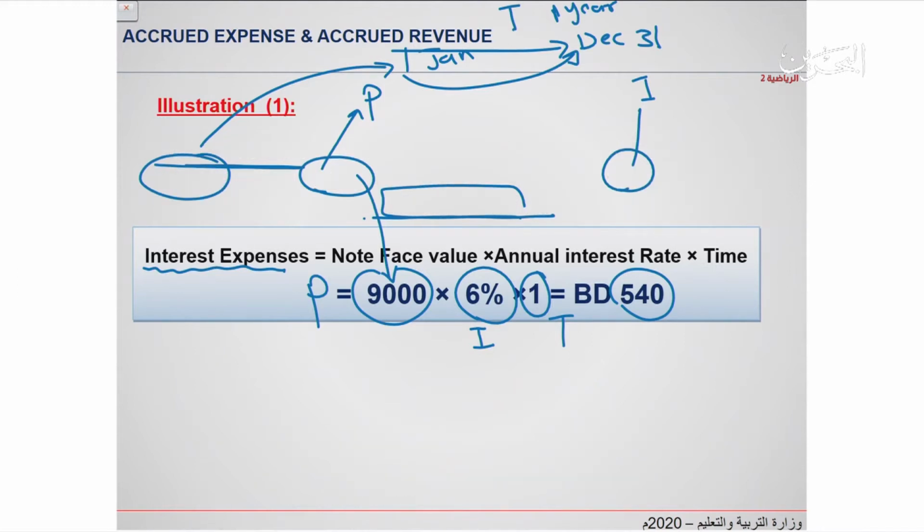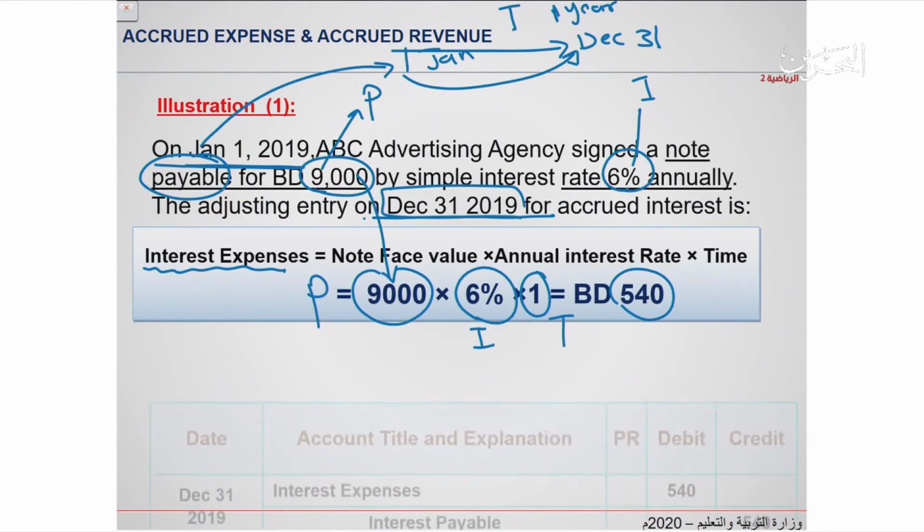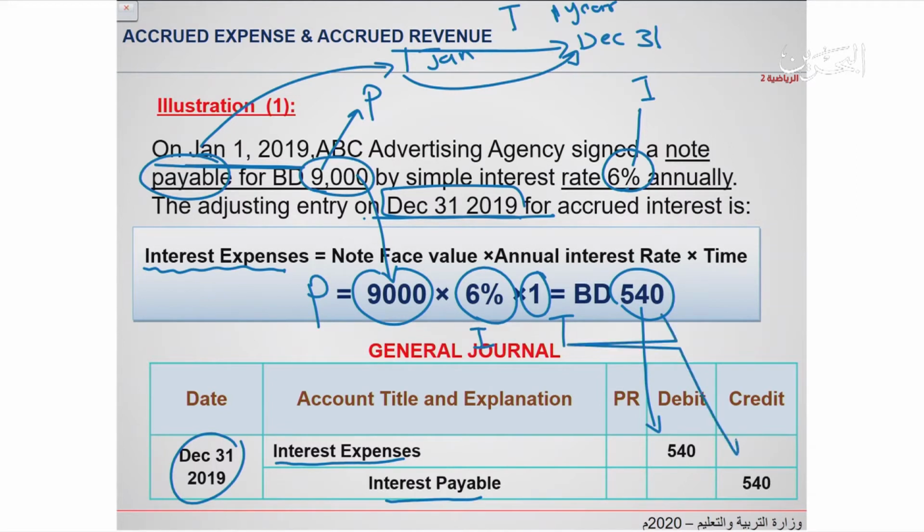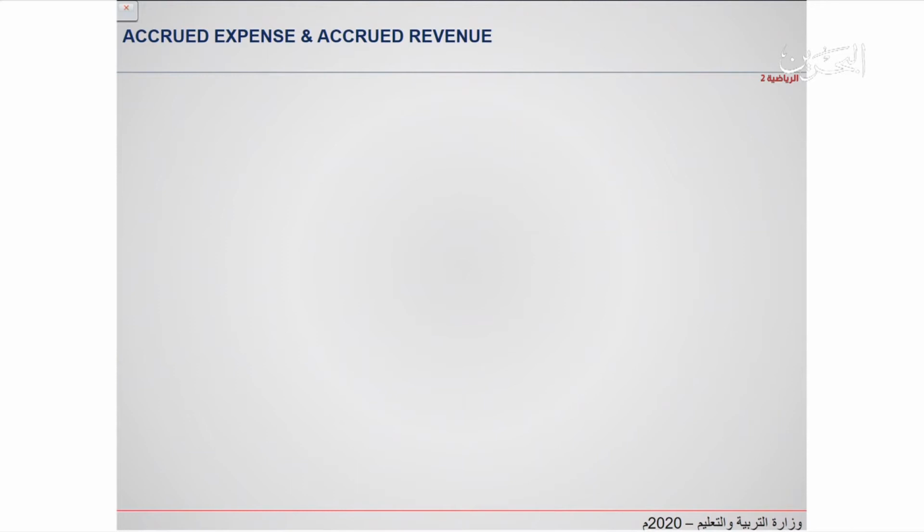So now, how to prepare the general journal? I will put the date, December 31, 2019. I put the interest expense and interest payable, 540 in the debit side and the second in the credit side.